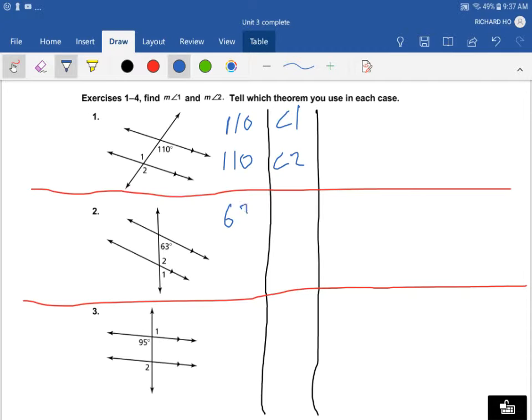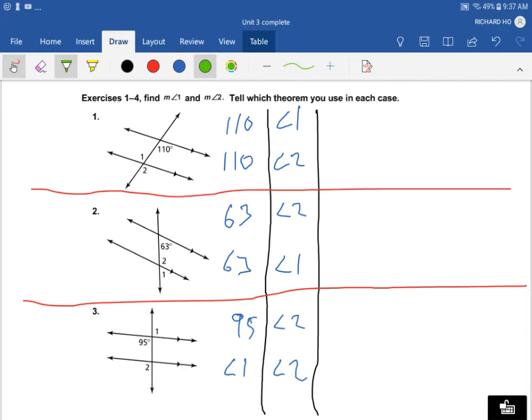Then we'll do 63 with angle 2, 63 with angle 1, 95 with angle 2, and then angle 1 with angle 2. And this will cover everything.